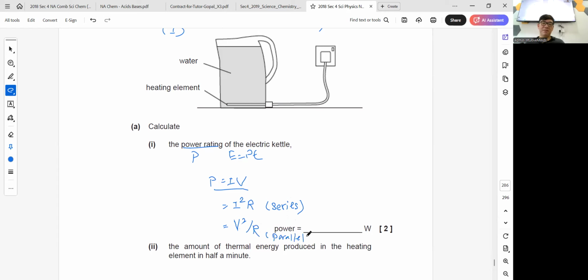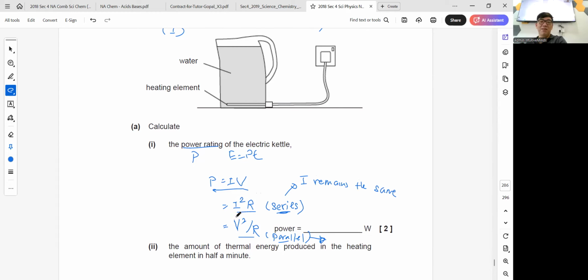What I mean to say is, most of the time, series questions related to power, you will be using I squared R. Parallel will be using V squared over R. Why is that so? Because in series, I remains the same, so it's easy for you to use. P equals IV will not give you anything unless something remains constant.